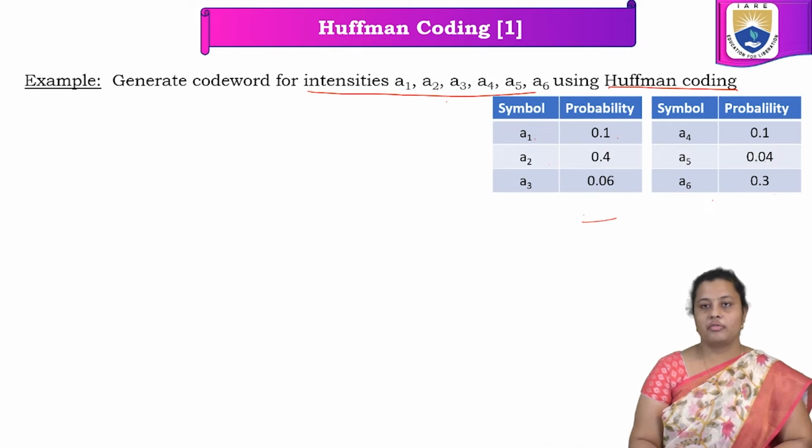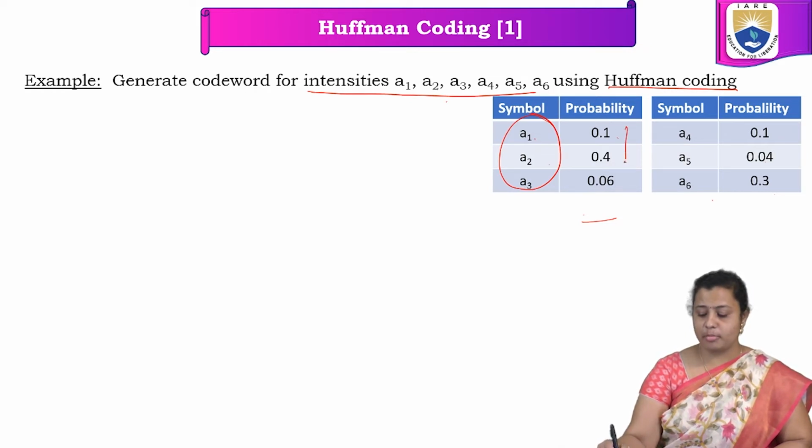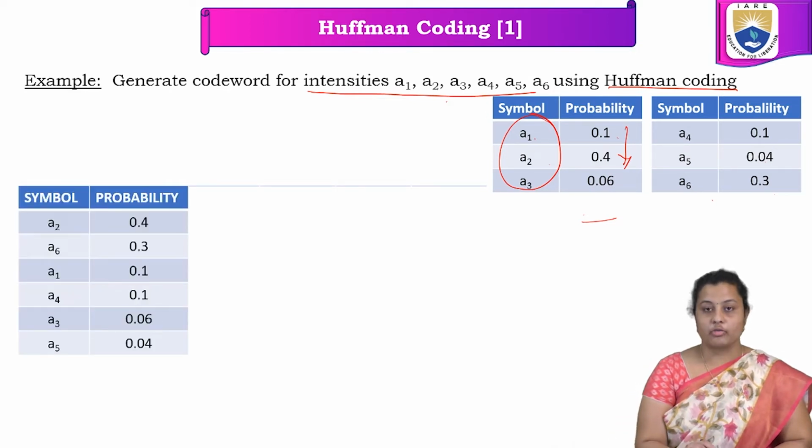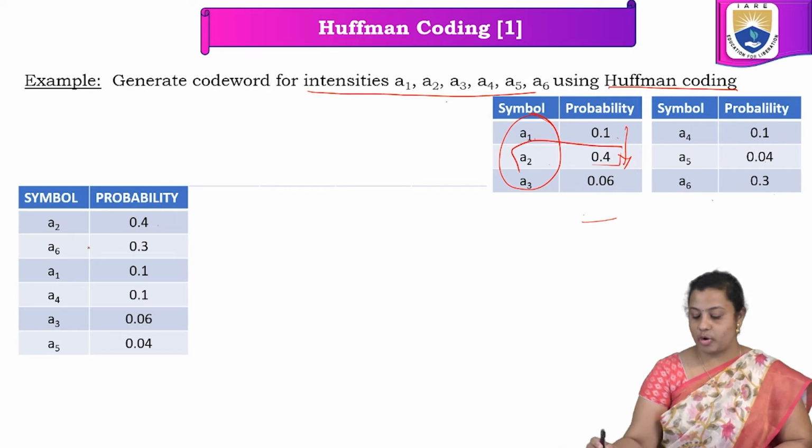What is the third step that we have to do? We have to arrange our intensity values in the decreasing order of their probabilities. We get it in this form. A2 is 0.4, so that will be the first one. Next, A6 is 0.3.